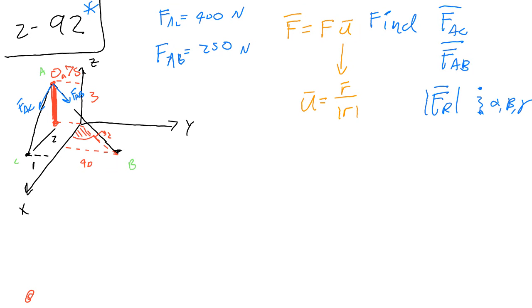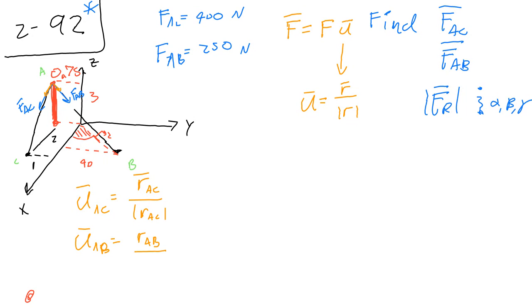So we want to find the two unit vectors that look like this. We want to find the UAC. We want to find the UAB. Excuse me. So that's going to be RAC over its magnitude. Similarly, oh, wait a minute. It's supposed to be B, right?